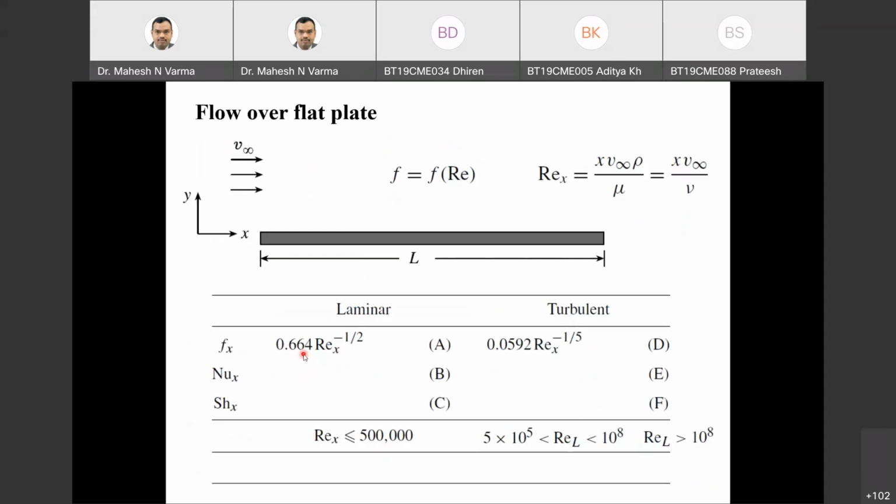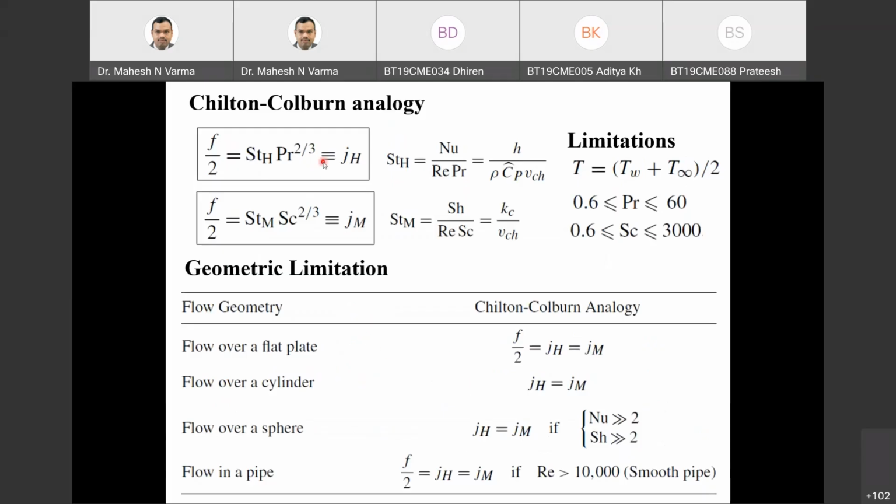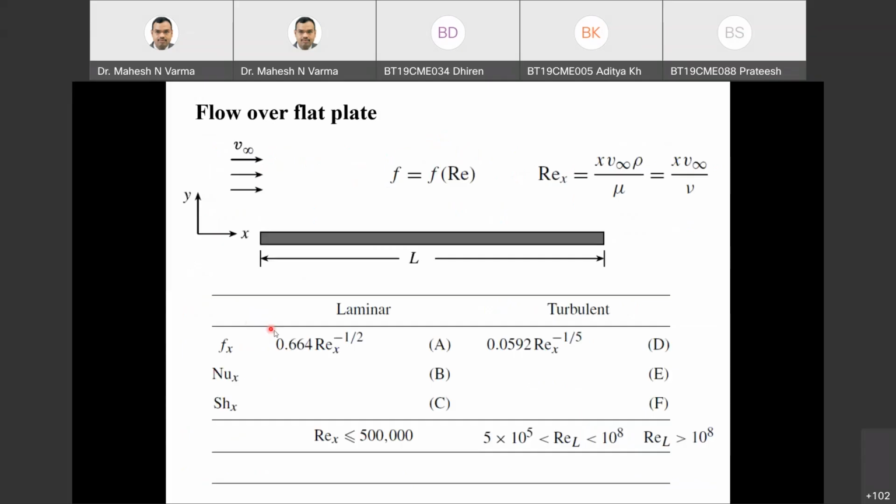Friction factor equals 0.664 Reynolds number raised to half, and from this, F by 2 equals Nusselt number divided by Reynolds number into Prandtl number raised to 2 by 3. So certainly you can get the value of Nusselt number. Rearrange the equation, and you will get the Nusselt number. Friction factor equals this for laminar flow, and for turbulent flow friction factor equals this. First you try this friction factor.